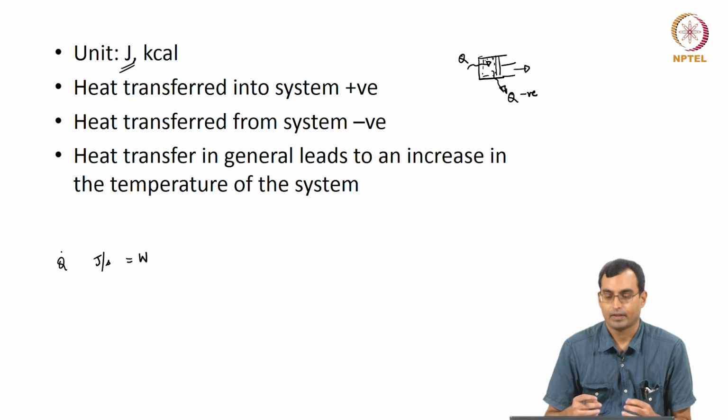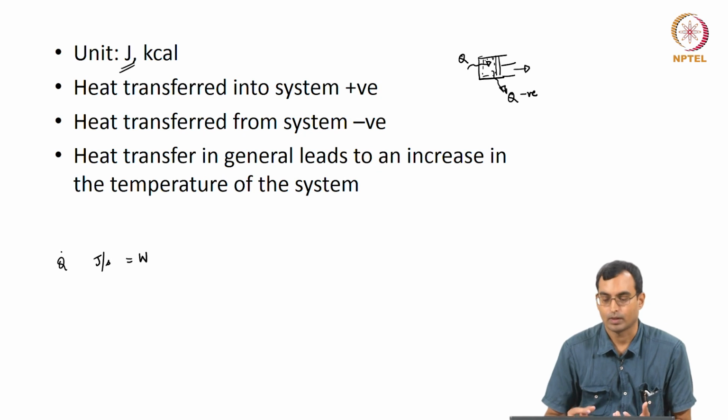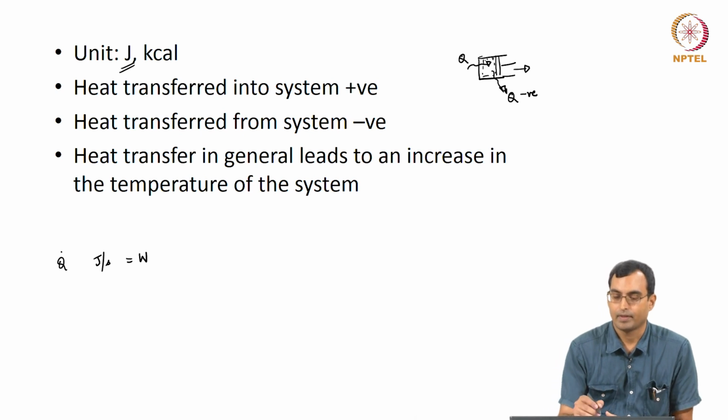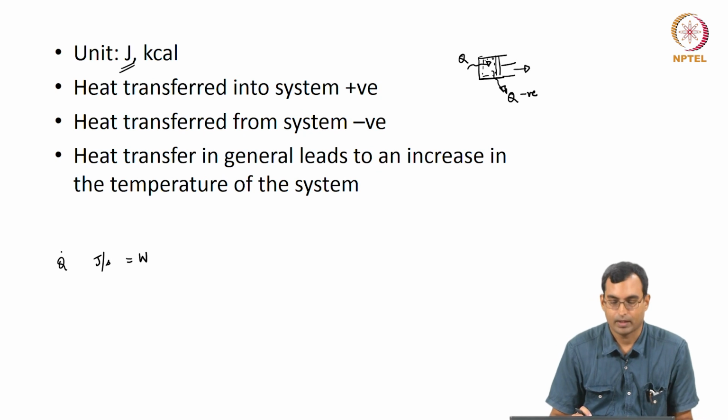If we transfer heat to this ice, it becomes water which is also at 0 degree centigrade. So, in that process the heat transferred to the ice gets it converted into water, but there is no change in the temperature of the system. So, there are exceptions, but generally we expect that when heat is transferred, if the system is rigid, we would expect the temperature to change.